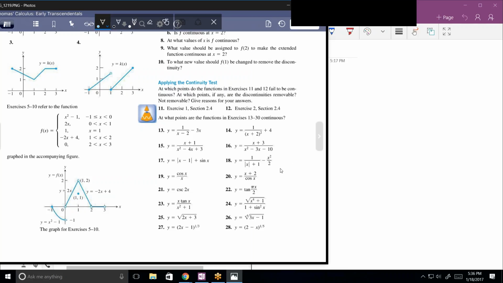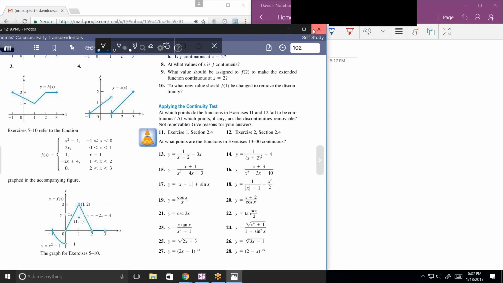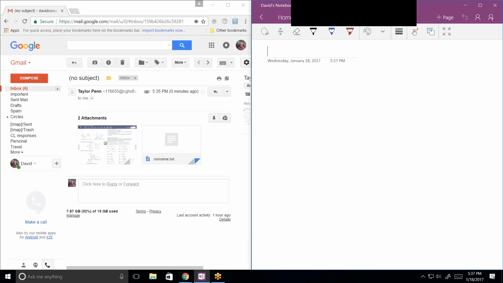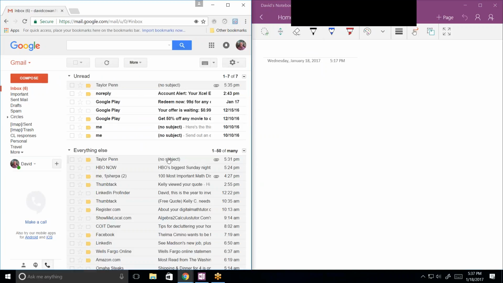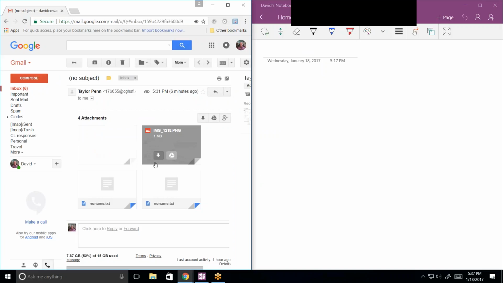Okay. Let me figure out how to do this here. Now I can't see problem 5, so I've got to go back to the original. No problem.